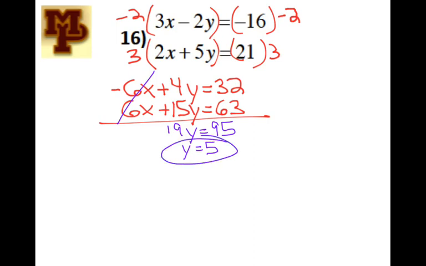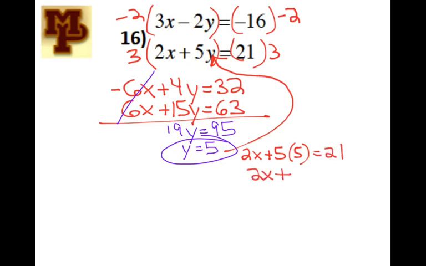So divide by 19, so you should get 5. And then take the 5 and put it somewhere good. So it looks like the bottom equation right there. So this is going to be 2x plus 5 times y, or 5 times 5, equals 21. 2x plus 25 equals 21, and then we're going to subtract 25 from each side.